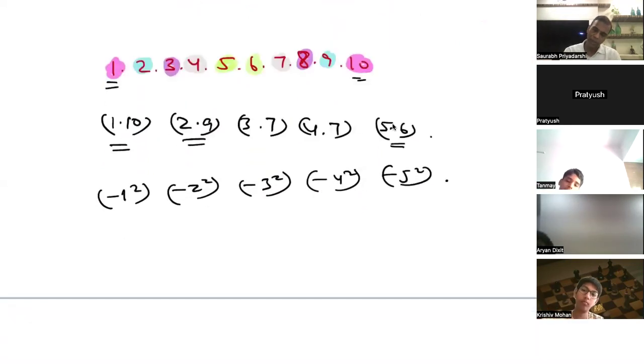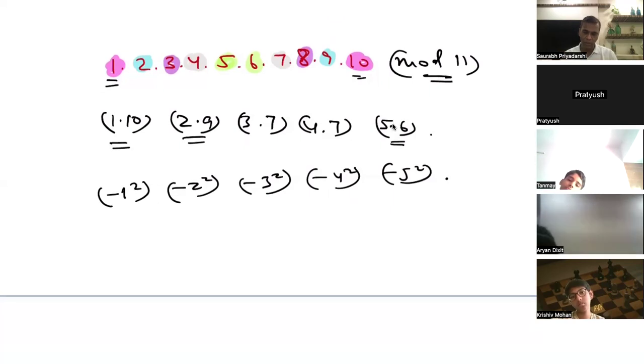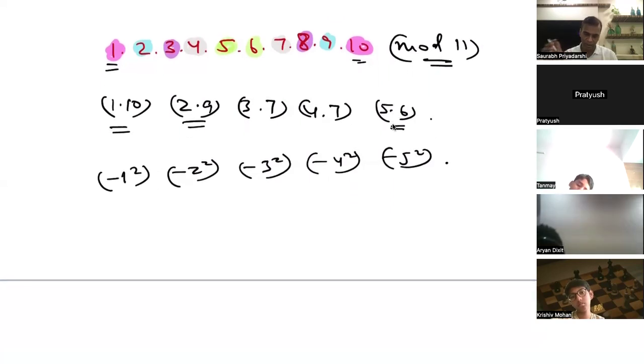Now, if you see how the numbers go in this case, we have to divide this by mod 11, and combine the numbers in such a way that we get the numbers as compared to 10 or 12.